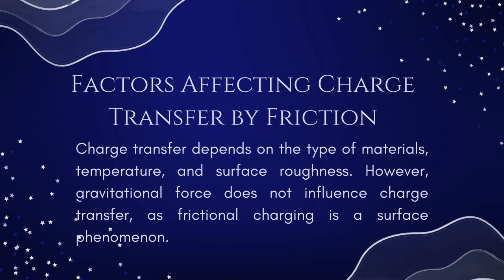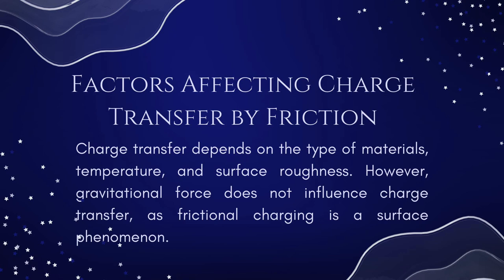Now let us go back to friction. Let's talk about the factors affecting charge transfer by friction. Several factors influence how much charge is transferred during frictional contact, and they include the type of material used, temperature, and surface roughness. When we say type of material, some materials have a greater tendency to gain or lose electrons, the triboelectric effect.